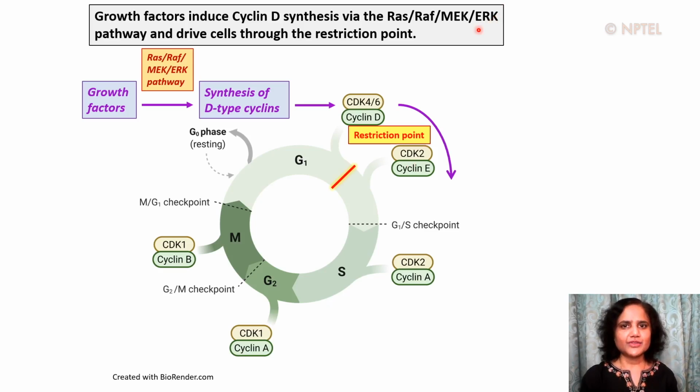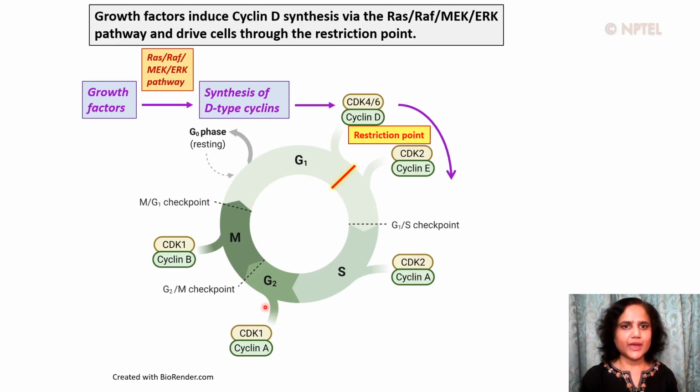The progression through the restriction point requires the CDK4/6 complex with cyclin D. The G1 to S transition requires the CDK2 complex with cyclin E. Progression through S is controlled by the CDK2 cyclin A complex.